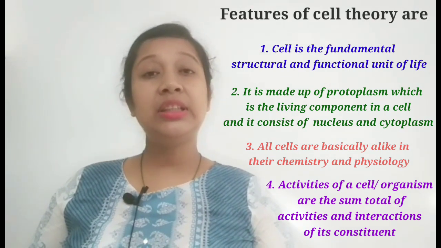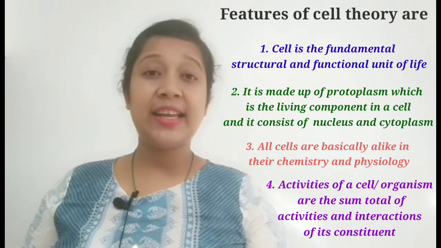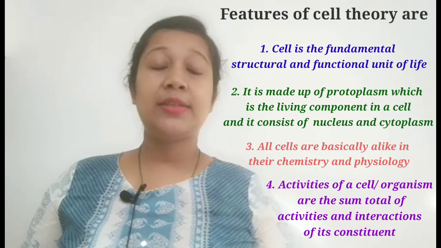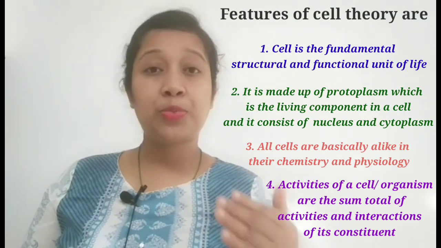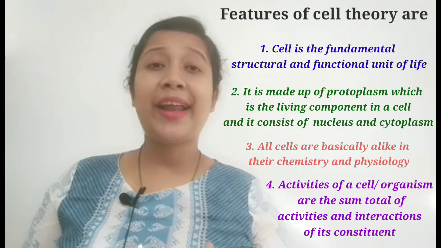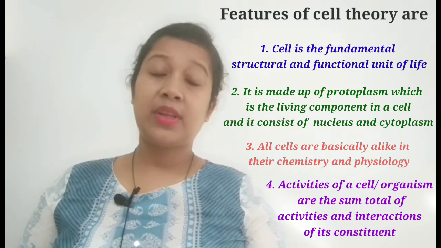Now, after this theory, which was proposed by Schleiden and Schwann, as science and technologies progressed, many other statements or characteristics of a cell came into existence.